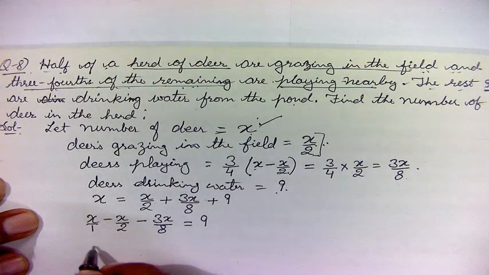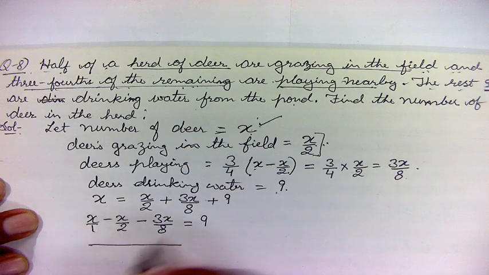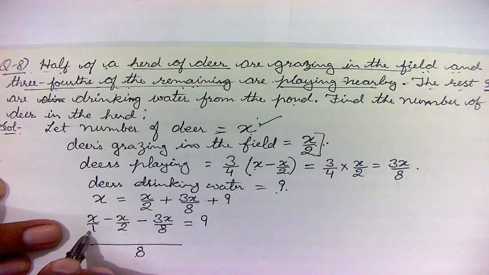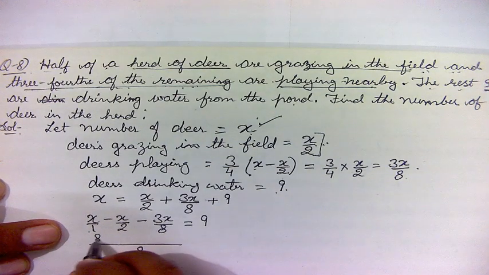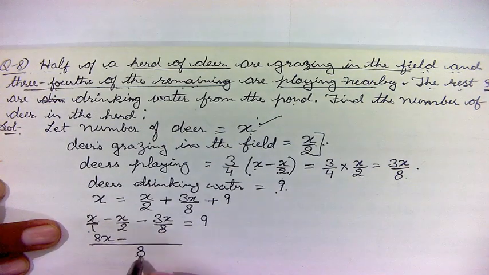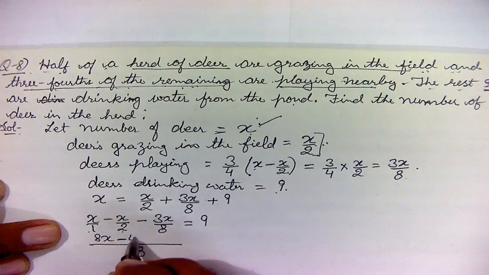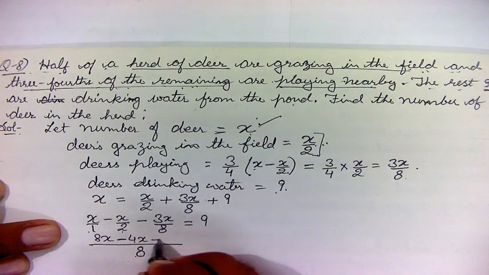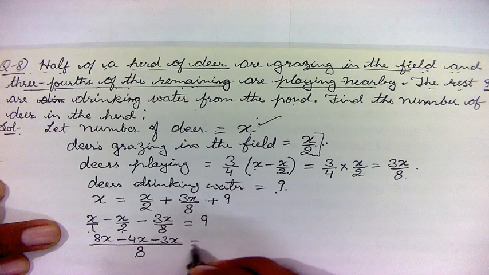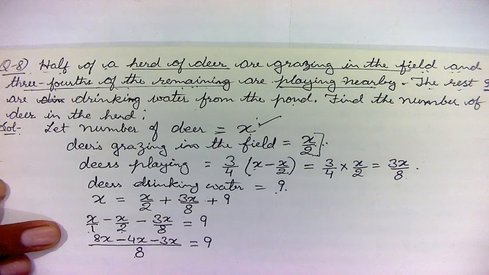Taking the LCM of 1, 2 and 8, which is 8: 8x minus 4x minus 3x equals 9.